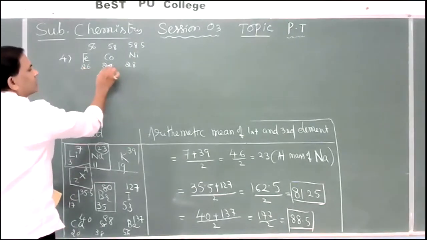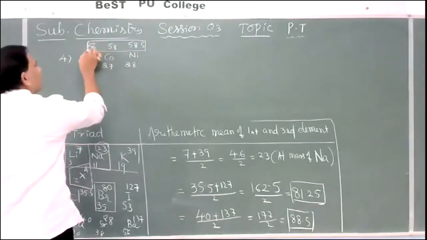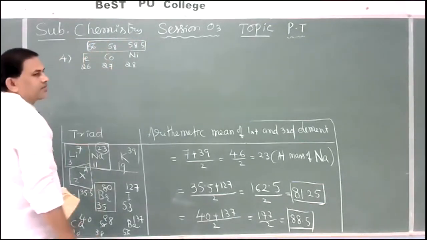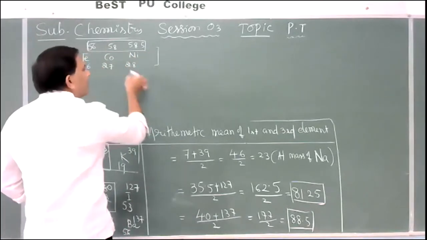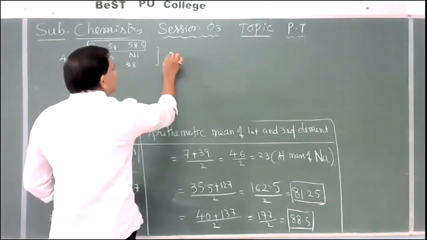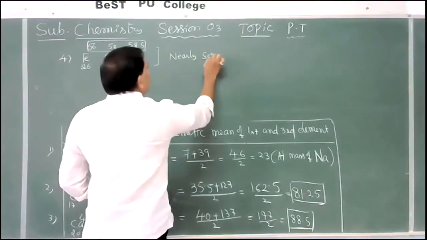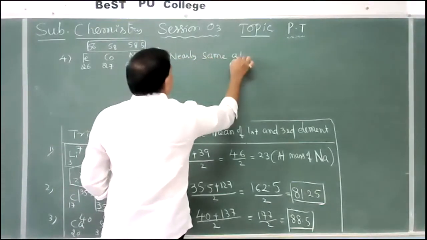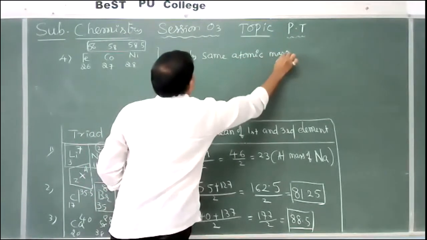Now, the atomic numbers are different but the atomic masses are not exactly the same, 55.5. They are nearly the same, almost having the same atomic mass.